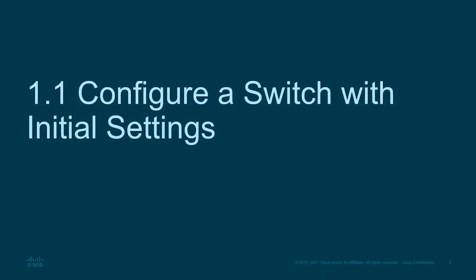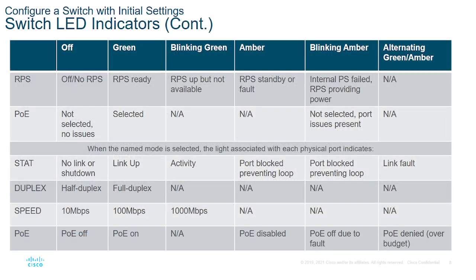Now, after selecting the mode to duplex, if any of those 24 ports is off, you know that those ports are running at half duplex. If they're lighting a steady green, you know that those ports are full duplex.